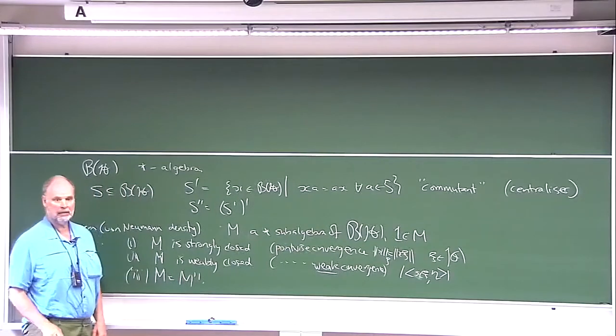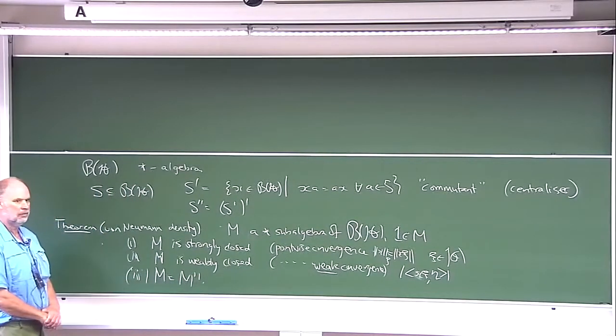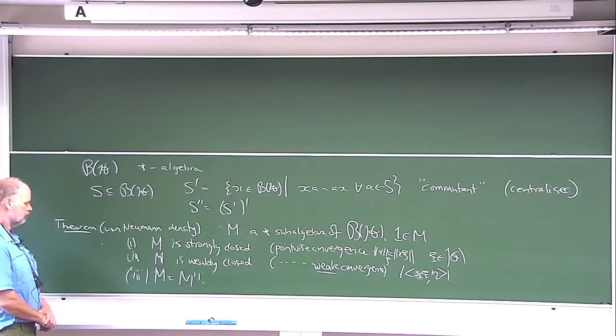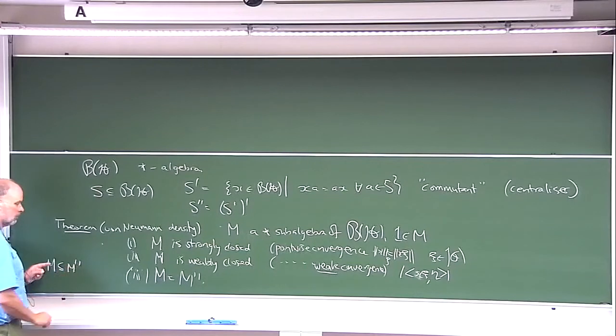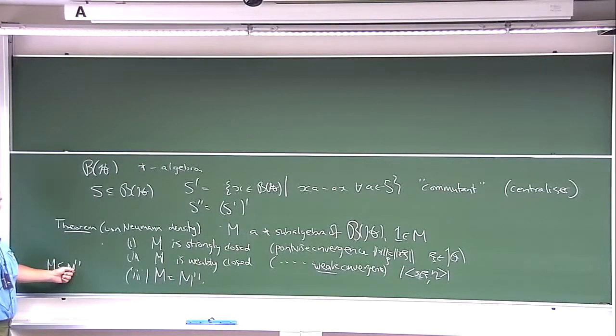And finally, the third condition, purely algebraic, nothing to do apparently with convergence, is that M is actually equal to its second commutant. So this is called the density theorem for the following reason. For tautological reasons, just semantics, M is always contained in its second commutant.